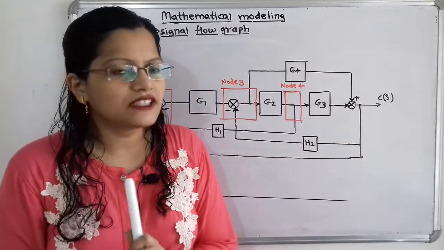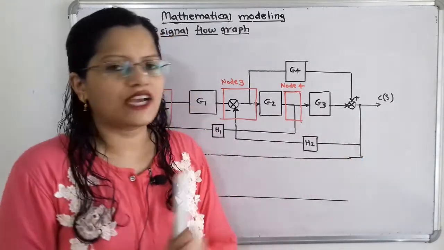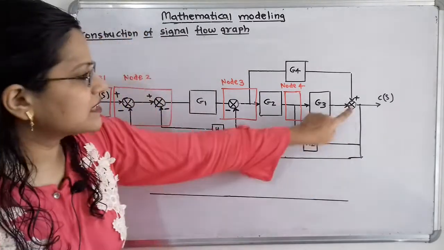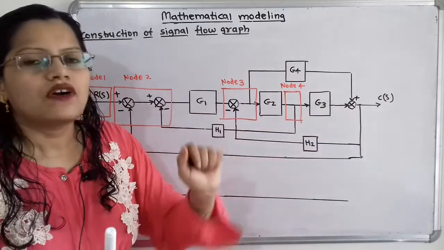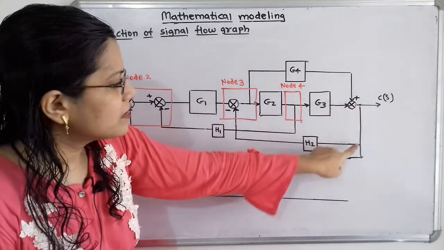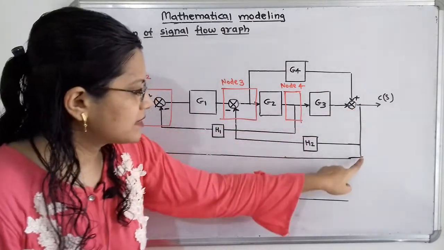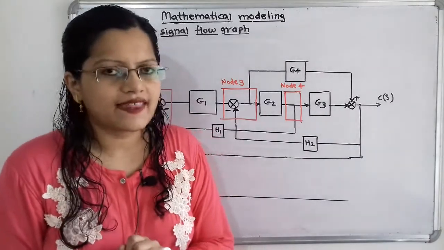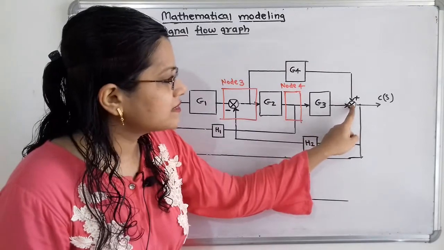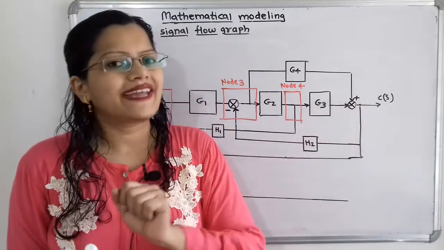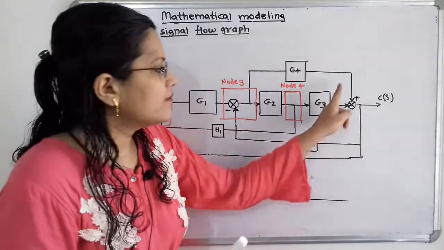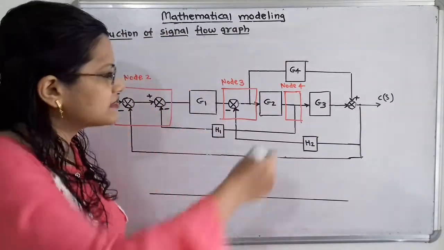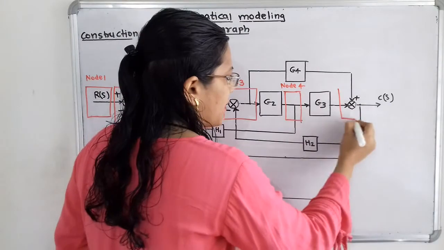That means the branch connecting the summing point and takeoff point has unity gain. Now at this takeoff point, if we observe, there are two paths that are moving backward. That means we have to combine this summing point and two takeoff points, and we will consider them as a single node. So I will consider here node 5.